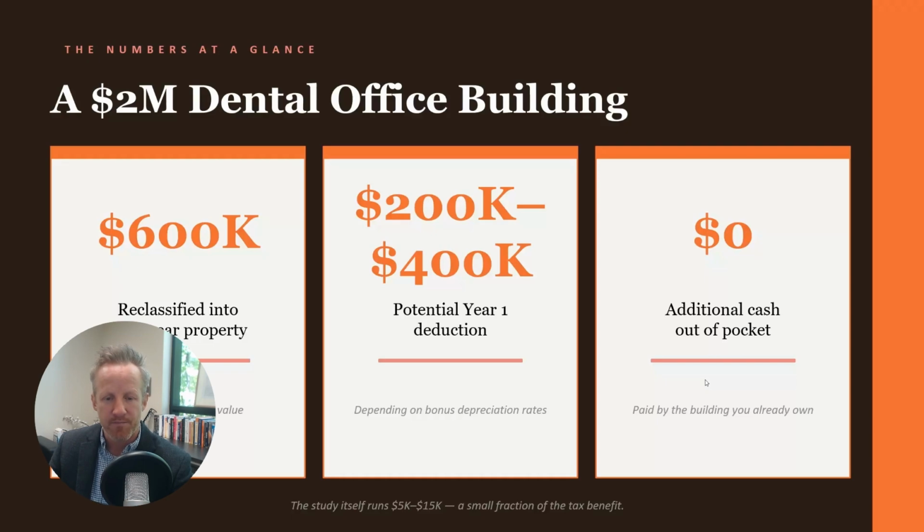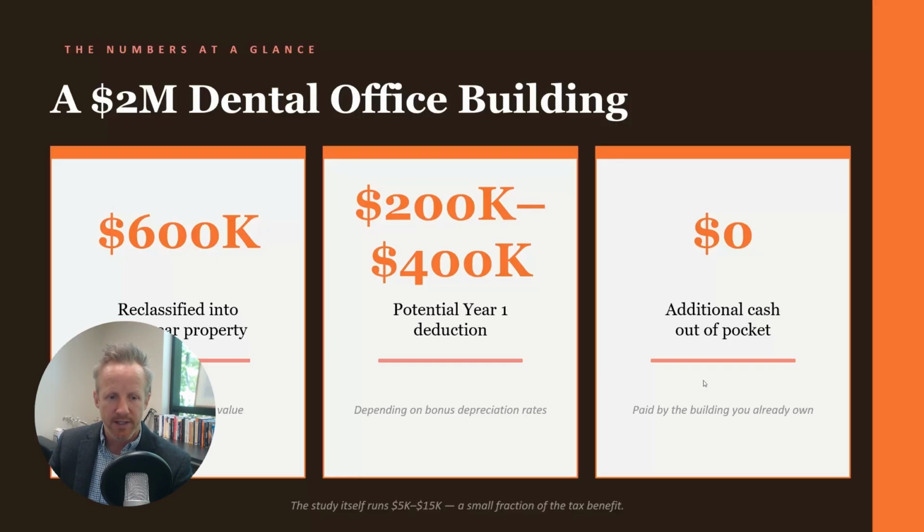So you hire a firm, they come in, you got an engineer there, you got the accountant there, they're putting their heads together, and they're saying, of the $2 million purchase price of this building that the doctor is now operating in, we can reclassify $600,000 of it into these 5 to 15-year property classes, thereby allowing the owner, the dentist, to get more depreciation in those first 15 years. And that could be up to, in year one, potentially $200,000 to $400,000.